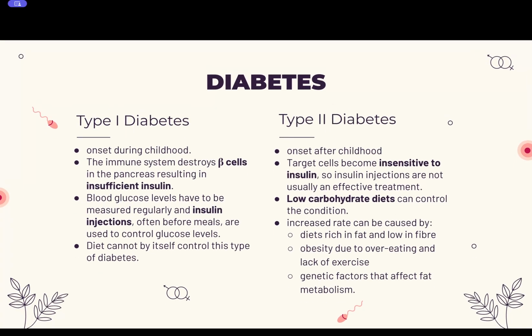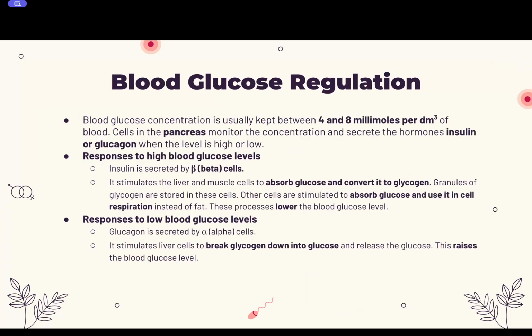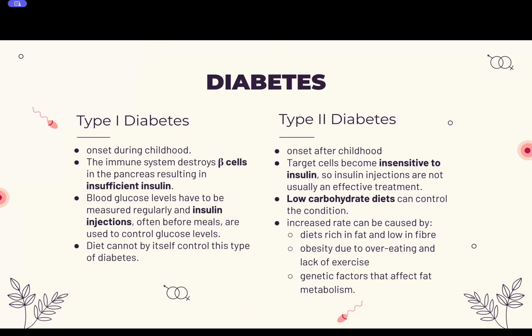Type 1 diabetes usually begins during childhood. It's usually genetically caused. The immune system will destroy our beta cells. We know that beta cells are the ones that secrete insulin. So the immune system fights itself.